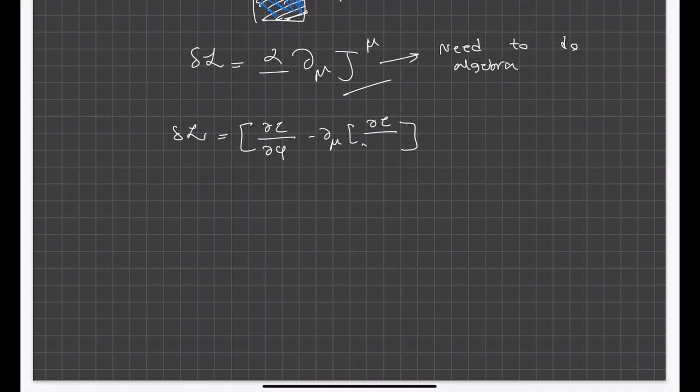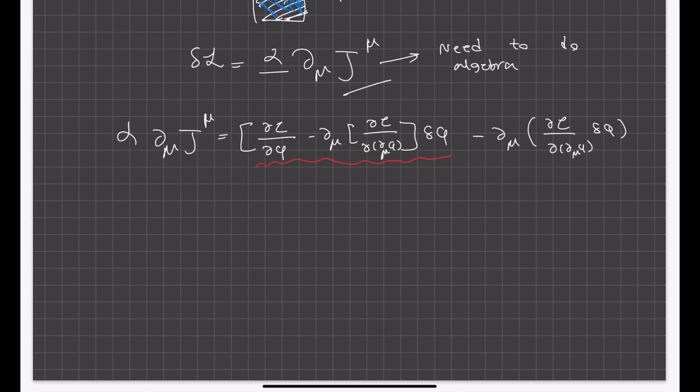So for the deformation, imagine I want to write down everything in terms of the field deformation. Now imagine this delta Lagrangian is equal to alpha, the full derivative of some j mu. Just think about the first term.